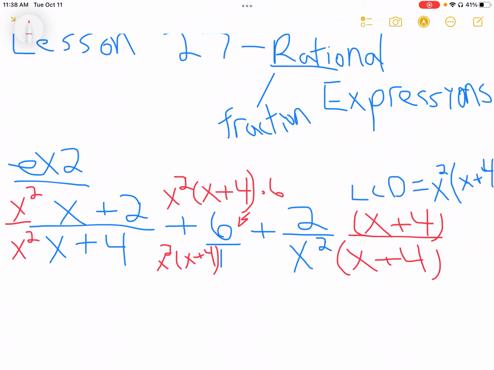So for this one right here, we'll get x cubed plus 2x squared, okay? And then this next one, I'll get 6. Well, let's actually write this one out here like this. So I get 6x squared.